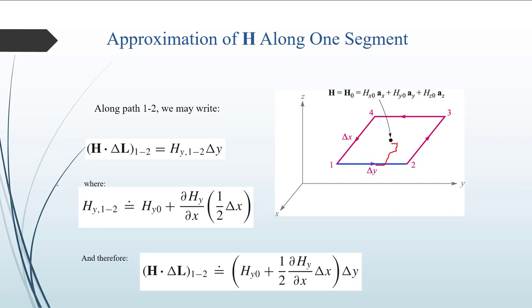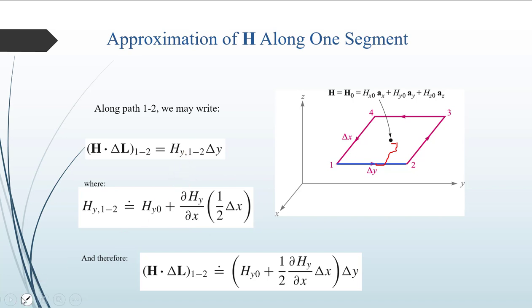So in hy for 1 to 2 we have to consider the original component at the center, that is hy naught, plus the displacement from the center of the hy component. So that is equal to hy naught plus dou hy by dou x into 1 half delta x. So this will be the total hy component along the path 1 to 2.